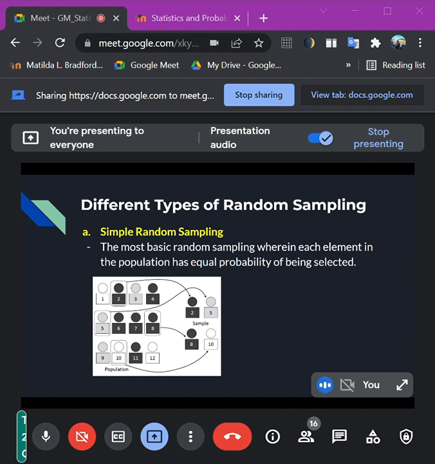Like for example, isulat na ninyo ang mga names sa papel and then magkuha lang ko og like, kung ilang kabook 14, magkuha lang ko half ninyo, so 7. I'm going to pick 7 pieces of paper. Kung kinsa ang mabunutan, mao to siya ang atong lucky winners. And that is what we call our simple random sampling.